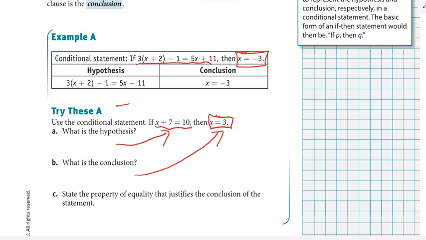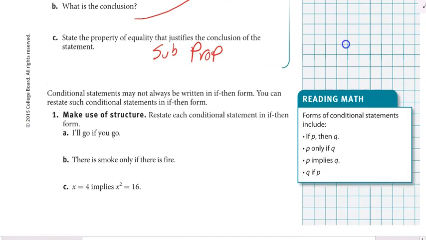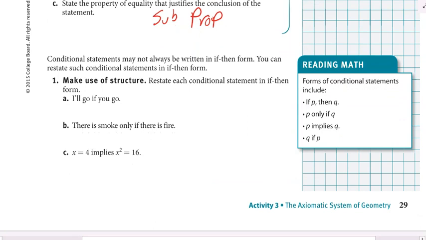State the property of equality that justifies the conclusion. So just like in the last one, we would need to justify some of these. If you were to subtract 7 from both sides, so subtraction property of equality. All right, so continuing with this one, we can actually substitute P's and Q's to help us identify the hypothesis and conclusion.